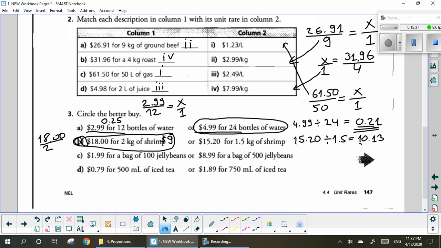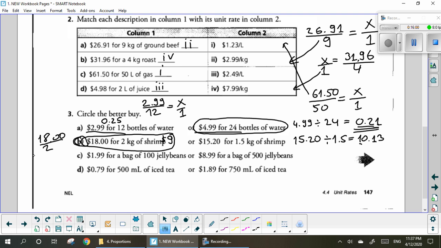So you have a pack of 100 jelly beans and you have a pack of 500 jelly beans. If I want to find out how much one jelly bean is, I will do the same calculation. In this case, I will do 1.99 divided by 100 jelly beans. I get a price. It's a very weird number.